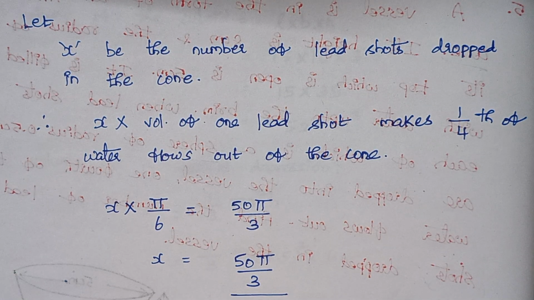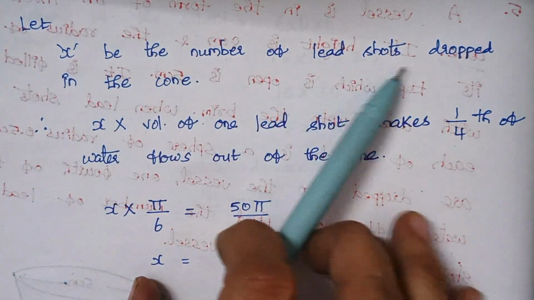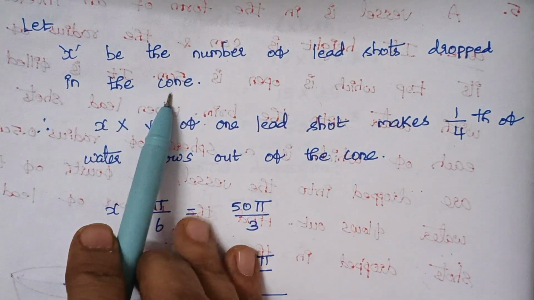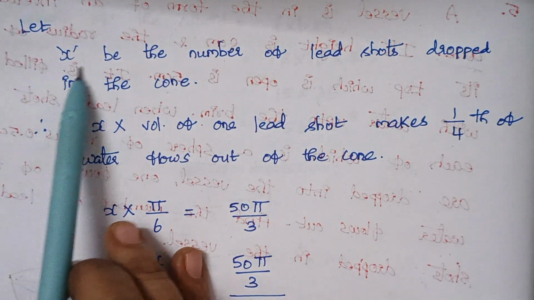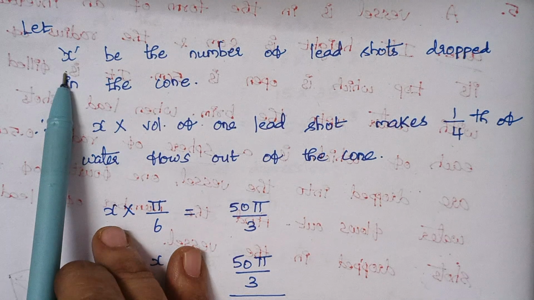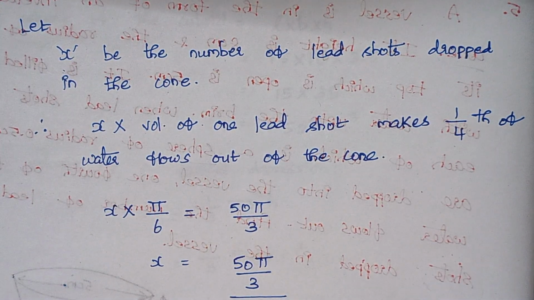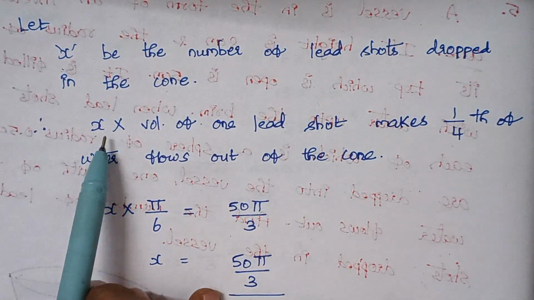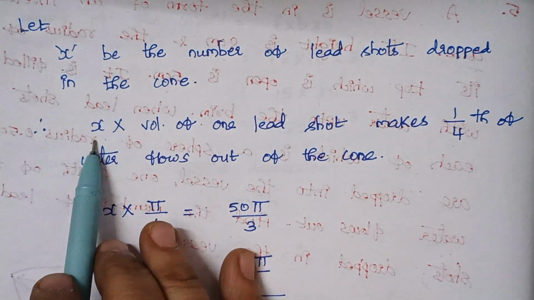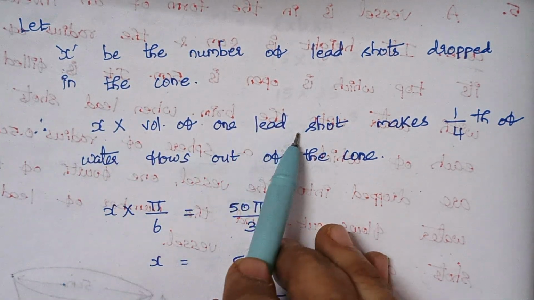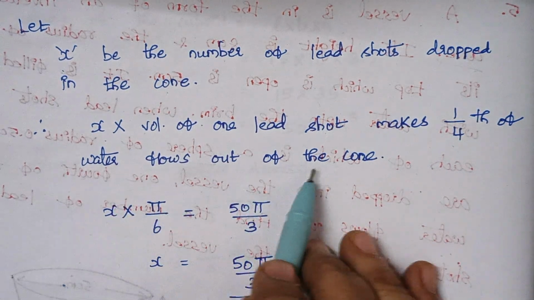Now listen carefully. Let x be the number of lead shots dropped in the cone. We don't know how many lead shots are dropped into it, so we are keeping that count as x. So what is given in the problem? We are dropping some lead shots into it. Therefore, x into the volume of one lead shot makes 1 by 4th of the water flow out of the cone.